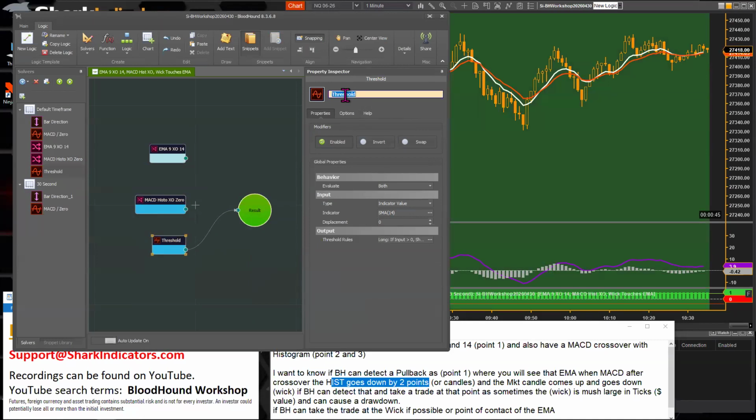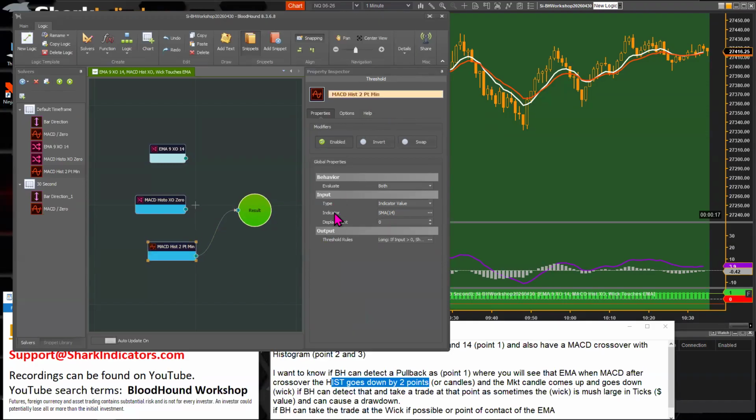All right, so let's give this a name here. So we're looking for a 2 point threshold level minimum there.